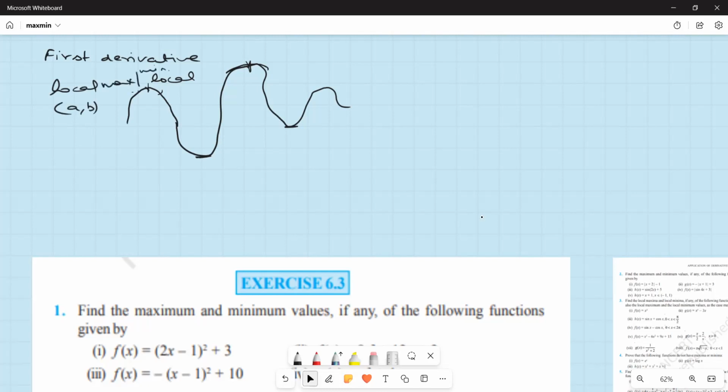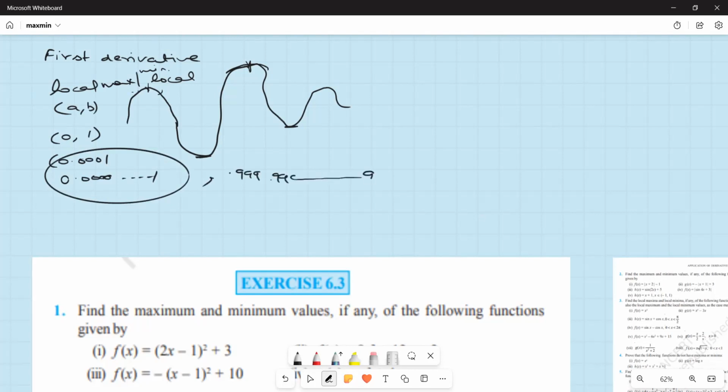Why open interval? Suppose I am taking the interval 0 to 1. How do you know whether 0.0001 is taken or 0.00000 whatever you think of is taken? You don't know this value, na? And on this side also, how do you know whether it is 0.999 or 0.999999999?